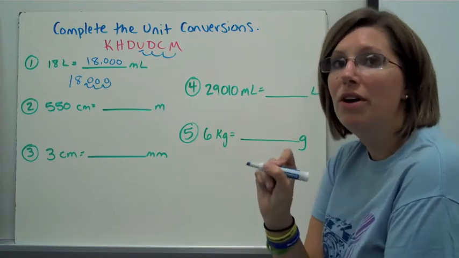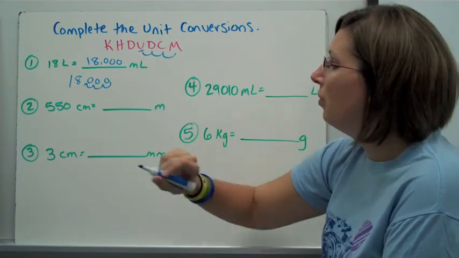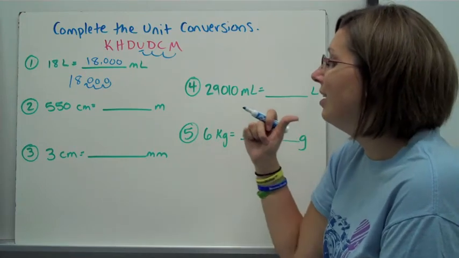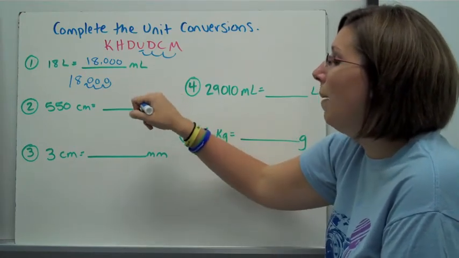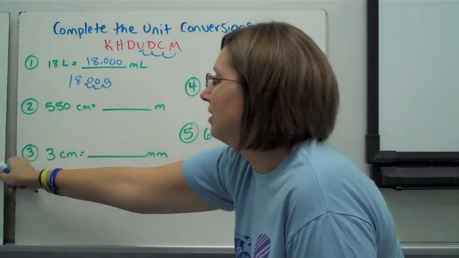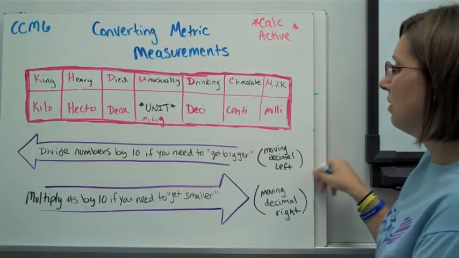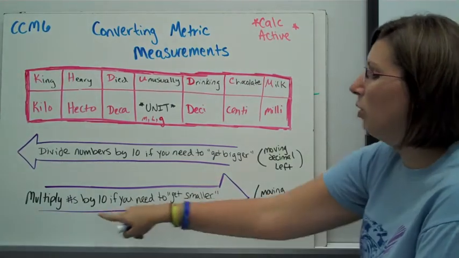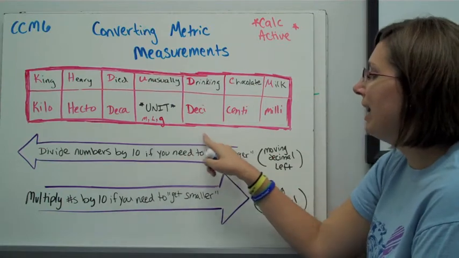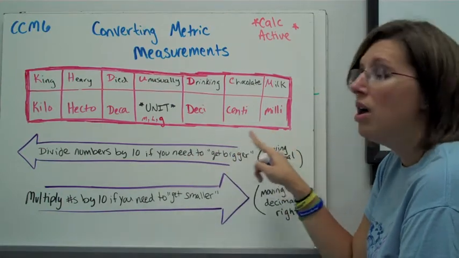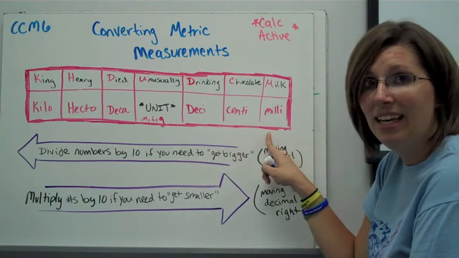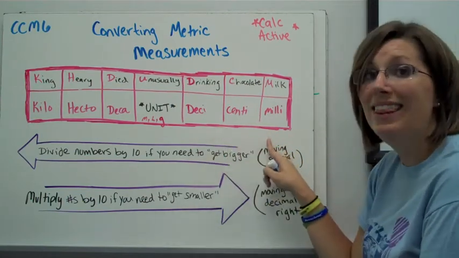When you filled out your notes just a minute ago and you wrote inside that arrow, if you're moving to the right, you're multiplying by 10. Let me bring back this slide. If we're making this number smaller, we're multiplying by 10 each block we go. So I was going to multiply by 10, then 10 again, then 10 again. 10 times 10 times 10 is 1,000.